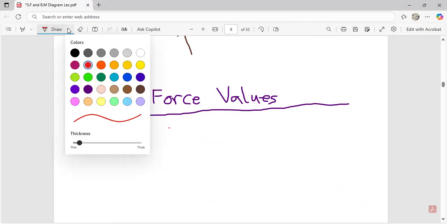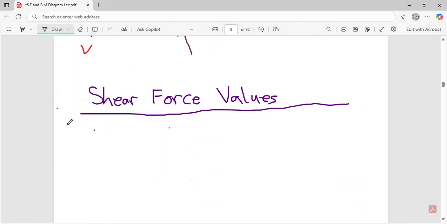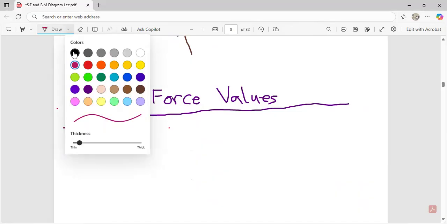So we just have to put their rule down. For all forces moving upwards, they should be positive. And that becomes: the sum of all forces in y should be equal to 0.